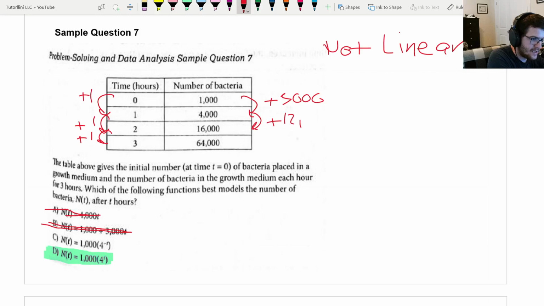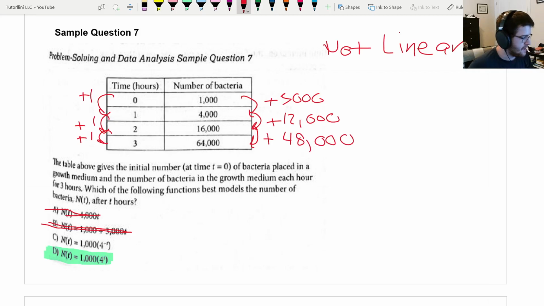If you realize that, what's 64 minus 16? You instantly understand that it's not linear because it does not have a constant rate of change. So A and B are out right away. Great, let's keep going.